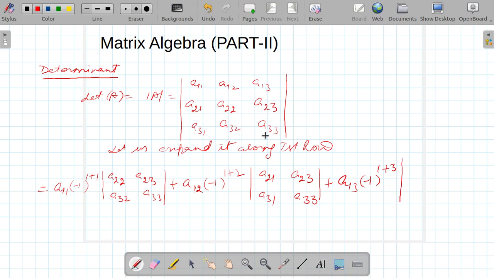In a similar manner, I will omit this row and this column, so the remaining part will be this one. So A21, A31 and A22 and A32, right?